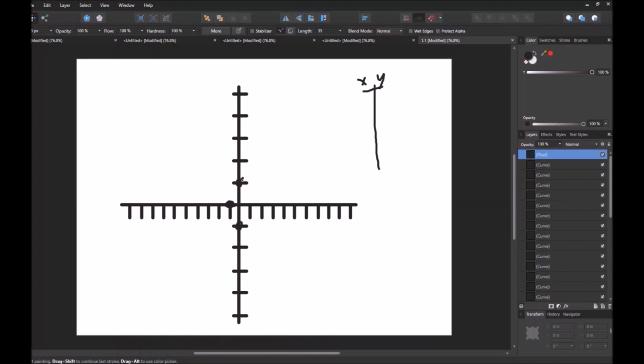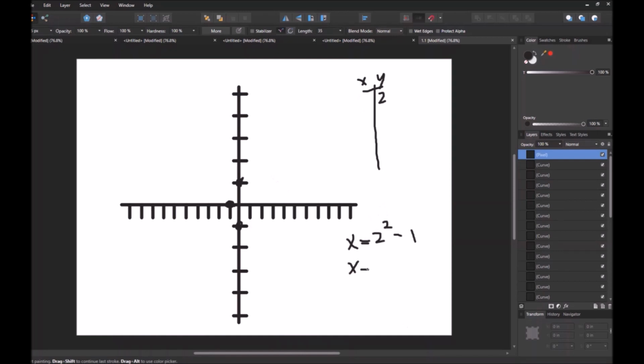Let's plug in a point for y first and then solve for x, because when we plug in points for x, we might not get an even numbered answer or a whole number answer. We might get a root answer, which can be kind of difficult to graph. So let's see what our x value is when our y value is 2. So we have x equals 2 squared minus 1.